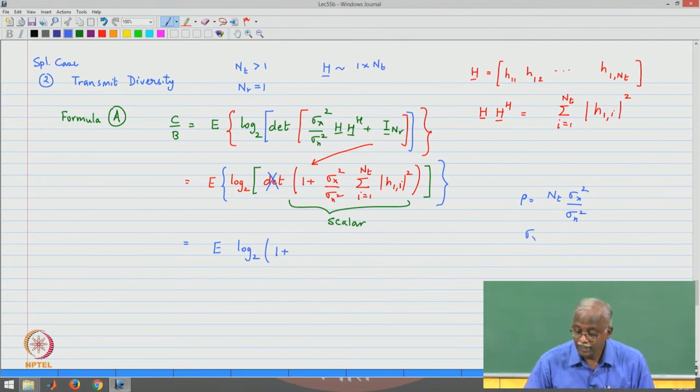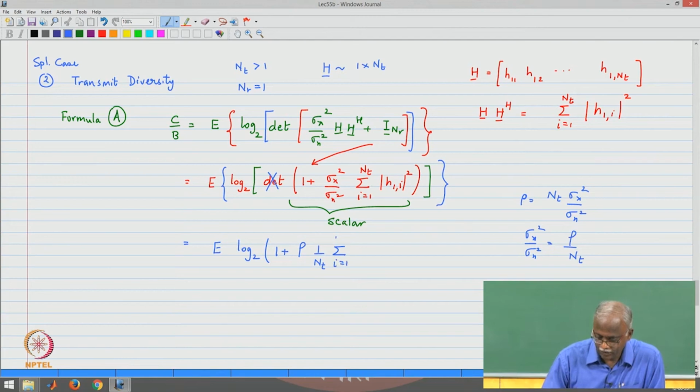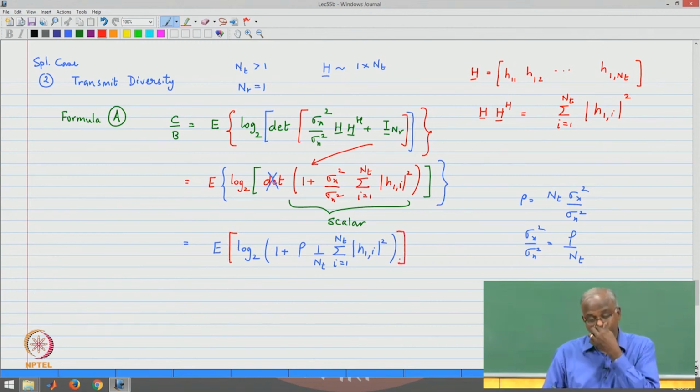So, sigma x squared by sigma n squared can be written as rho divided by NT. So, this can now be written as 1 plus rho times 1 by NT times summation I equal to 1 through NT mod H1 comma I magnitude squared. Close bracket, and then you get the expectation.